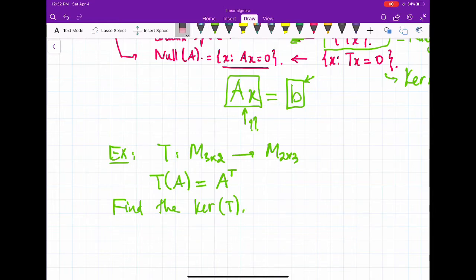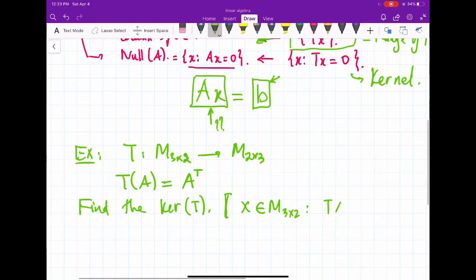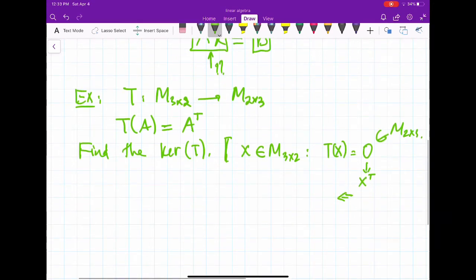So basically, the kernel of T is all matrices X in M3 by 2 such that T(X) is 0. And this is 0 in M2 by 3, right? But if X transpose is equal to 0, X is 0, right? X is 0, but this 0 is in another space. So basically, the kernel of T has only one vector, which is the 0 vector.